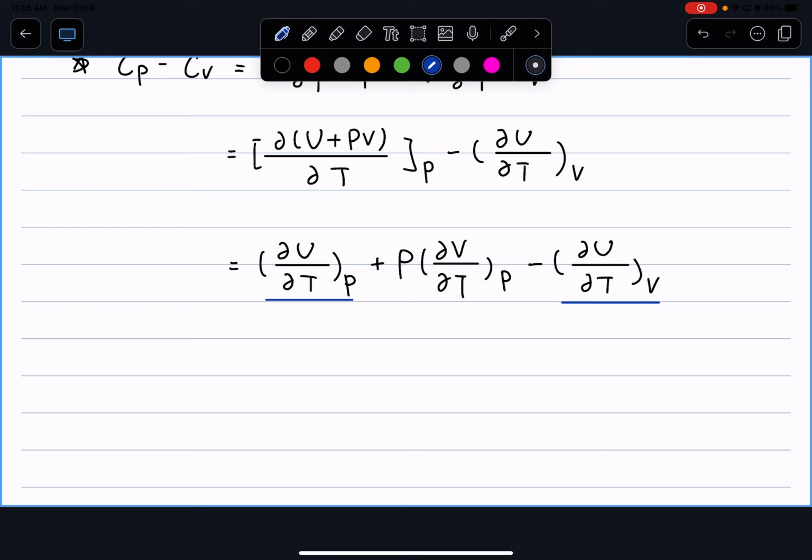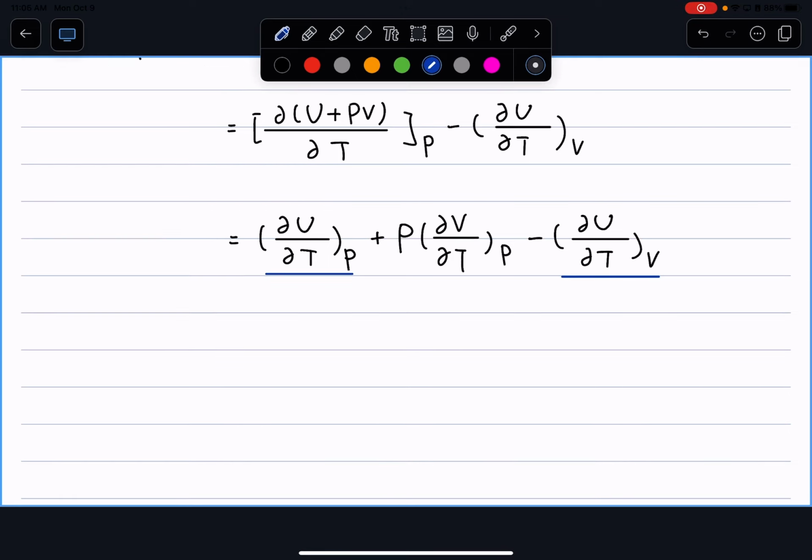and dU over dT at constant volume. One of the things we want to use, and I can add that to our calculus toolbox, is the total differential equation. We have the total differential of internal energy, which is a function of V and T, giving you the partial derivative of U over T at constant volume plus the partial derivative of U over V at constant temperature.